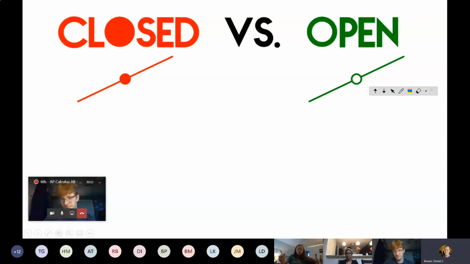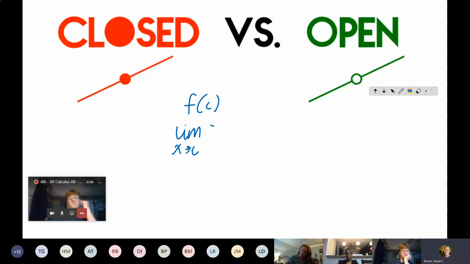So we know that when we have a graph, we could have closed holes and open holes. When we talk about these, we can talk about things like the value of the function, and I can talk about the limit of the function. I'm just going to choose a generic x value of c here.